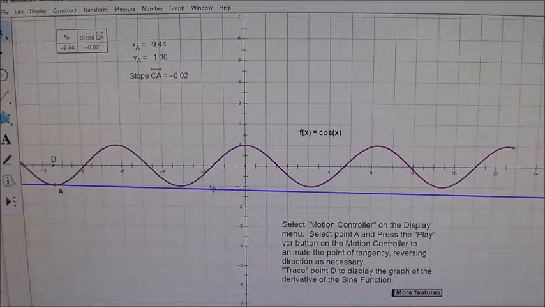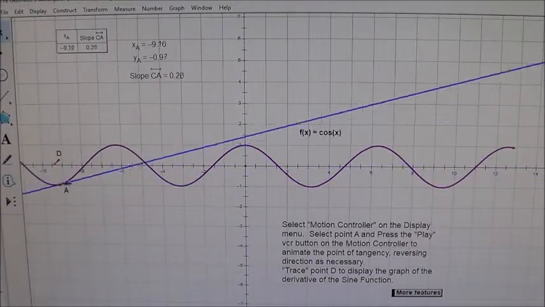And now here is the same sort of idea, but now we have the cosine curve. And here's the derivative, the gradient of the point A, the gradient of the tangent at point A, which is also then the gradient of the curve at that point.